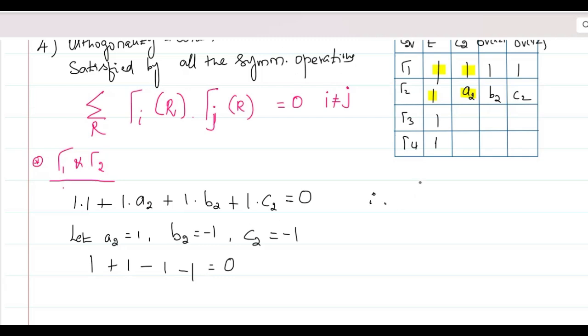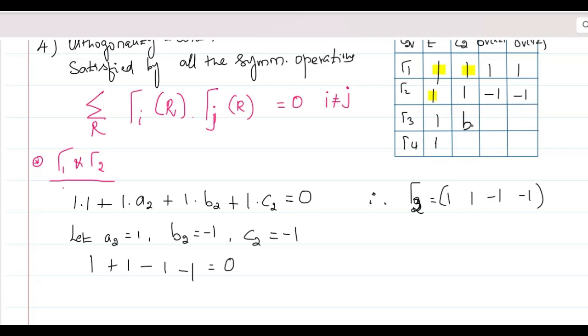Therefore, we are evaluating for the second irreducible representation. We are getting 1, then 1, then minus 1, minus 1. So A2 we are substituting with 1, B2 with minus 1, and C2 with minus 1.